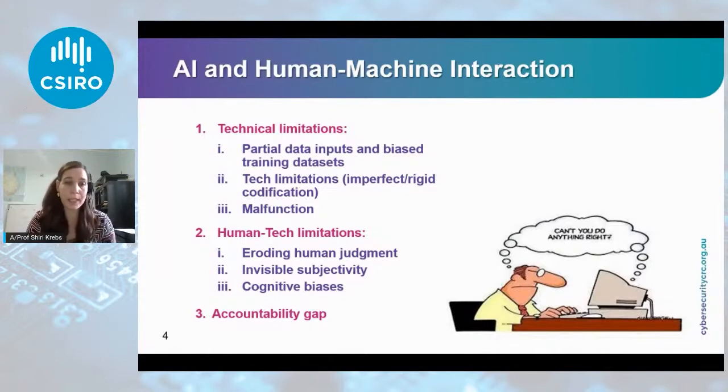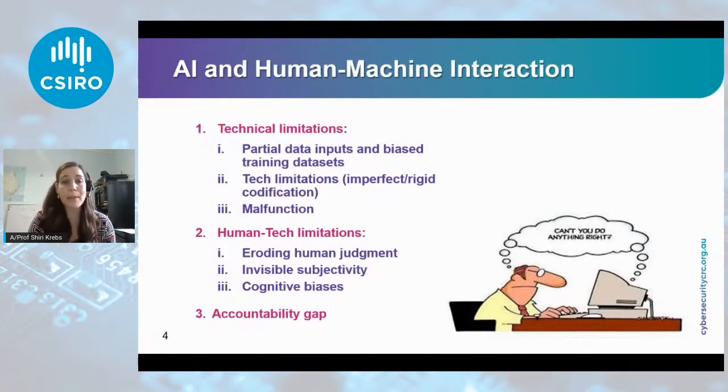But it's less frequent that we consider, do we really integrate those technological decision-making processes, whether decision assisting technologies or automation or any of those, correctly, and how does that influence the humans in this process? Can we really adopt or evaluate properly the data or the findings that we receive, or the outputs that we receive from the technology? And so I just divided these into three different groups of challenges.